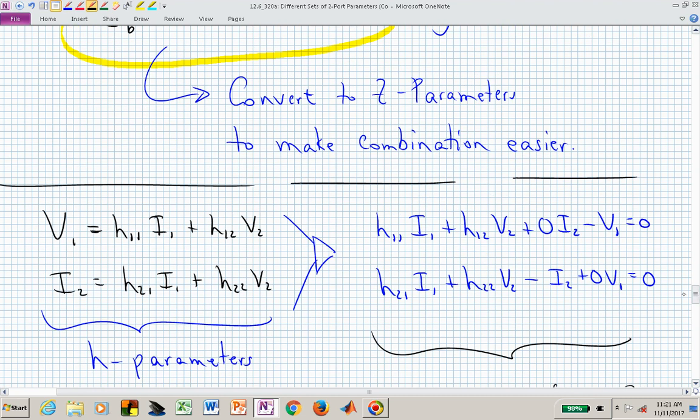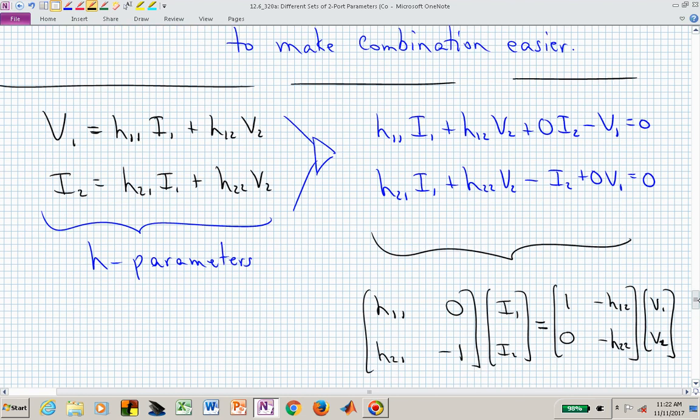With H parameters, our independent variables are I1 and V2. And so here are the different four H parameters, H11 through H22. Let's now just move all of those variables to one side of the equal sign, so that now we have H11 I1 plus H12 V2. There's no I2, so we have plus 0 I2 minus V1 equal to 0 from the top equation, correspondingly with the bottom equation.